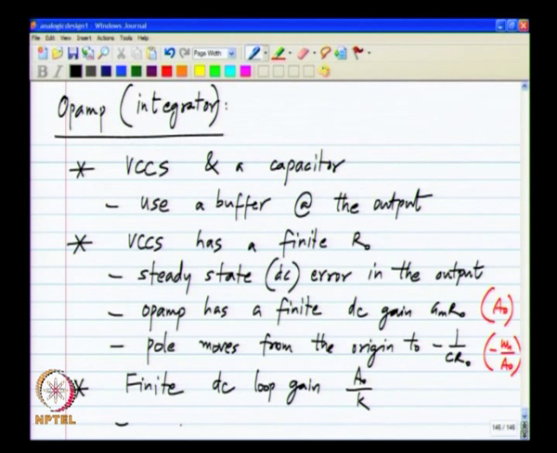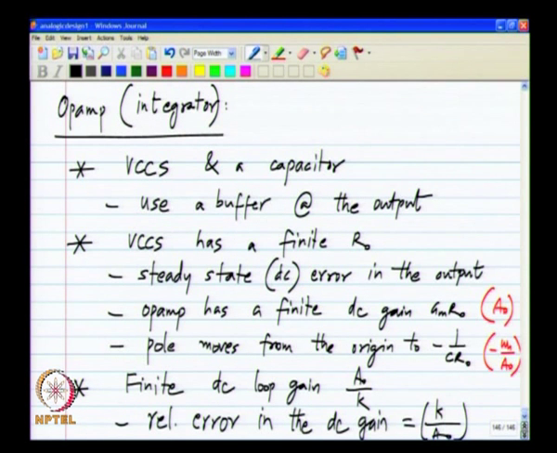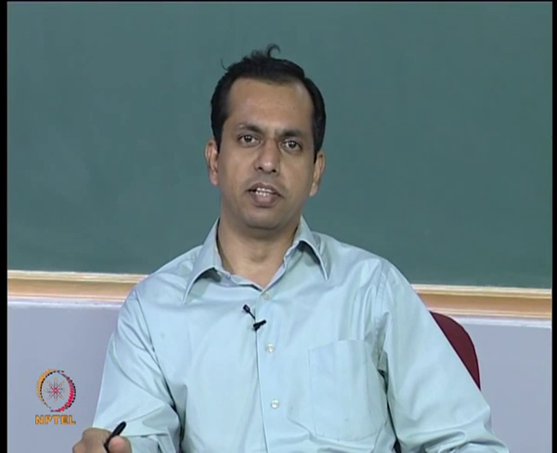You can think of it as a relative error in the DC output or relative error in the closed loop DC gain of k by A naught, that is the reciprocal of the loop gain. So, this is one of the implementation problems that we have to deal with, because we cannot make ideal current sources, we have to live with finite DC gain, and this causes an error even in the DC gain of the amplifier.